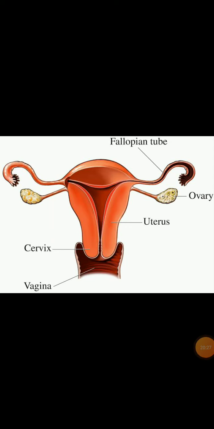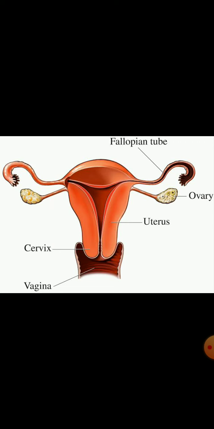But what about the uterus? As we have discussed, when the ovary releases one matured egg, at the same time the uterus prepares itself for receiving the embryo. Then if the egg has not been fertilized, what will happen to the uterus?